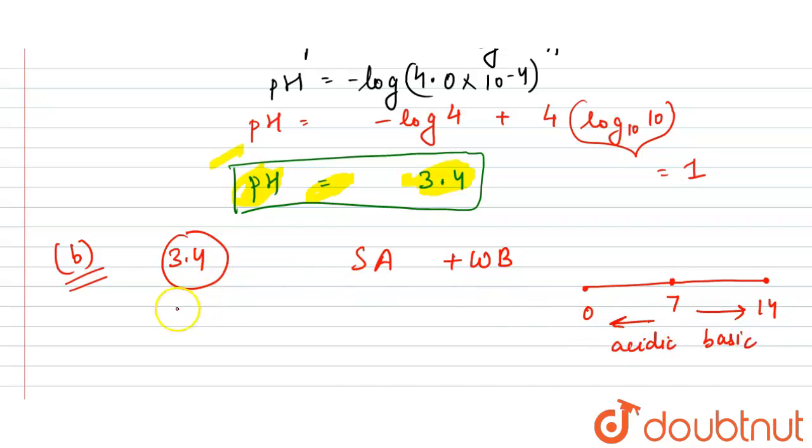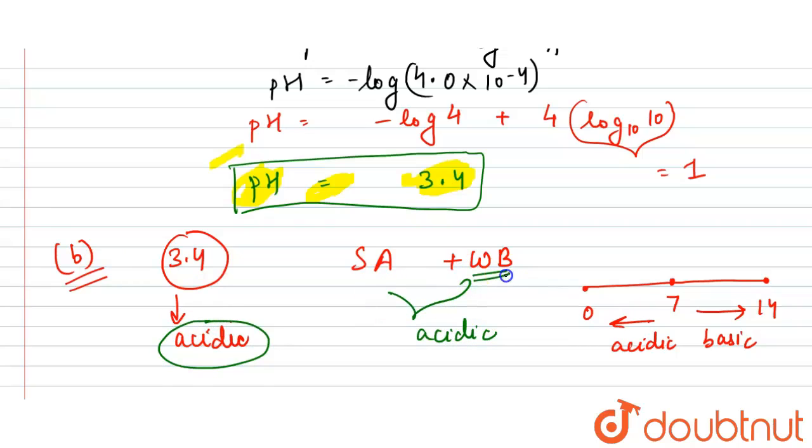So 3.4 is an acidic pH. It means the solution should also be acidic, and if there is a strong acid and a weak base, then the solution will be acidic.